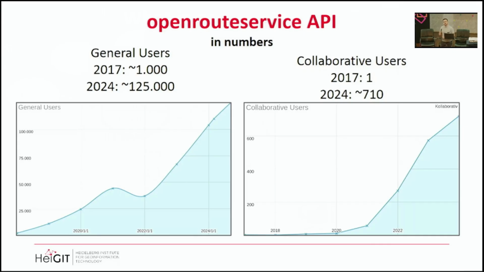Collaborative users are basically the OSM community, humanitarian organizations, and other nonprofits. We offer special quotas and more access to all these functionalities for this user group. So if you think in the future you could use such services and mobility analysis, feel free to register and sign up for the collaborative plan. It's completely free, and you will get more quota.